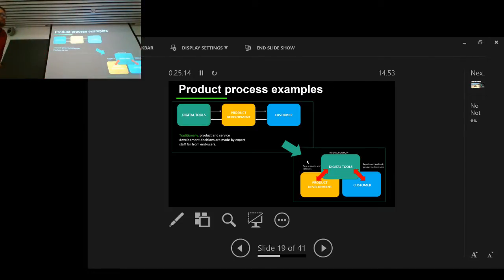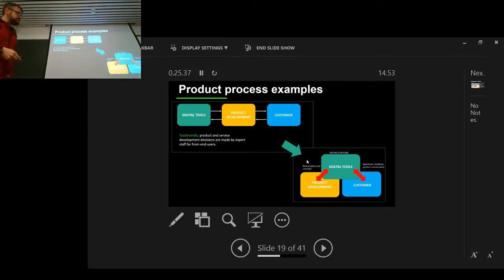Another way around, the customers can also, to a certain level and with certain limitations, modify the models. They can tune it and see, okay, I don't like this system, but I want to use that system. And the product development team can then monitor what changes the customers are making.